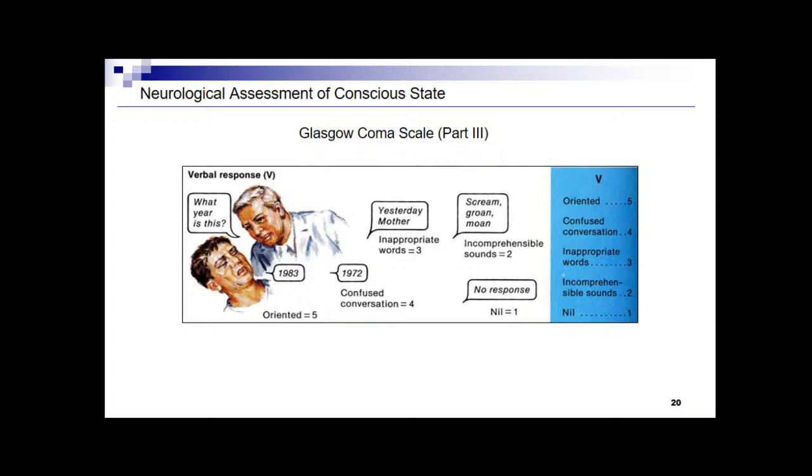Confused conversation, this is 4 points. If the patient reacts to pain stimuli with a scream, groan, or moan, incomprehensible sounds, it means 2 points. If the patient does not produce any sounds, this is 1 point.